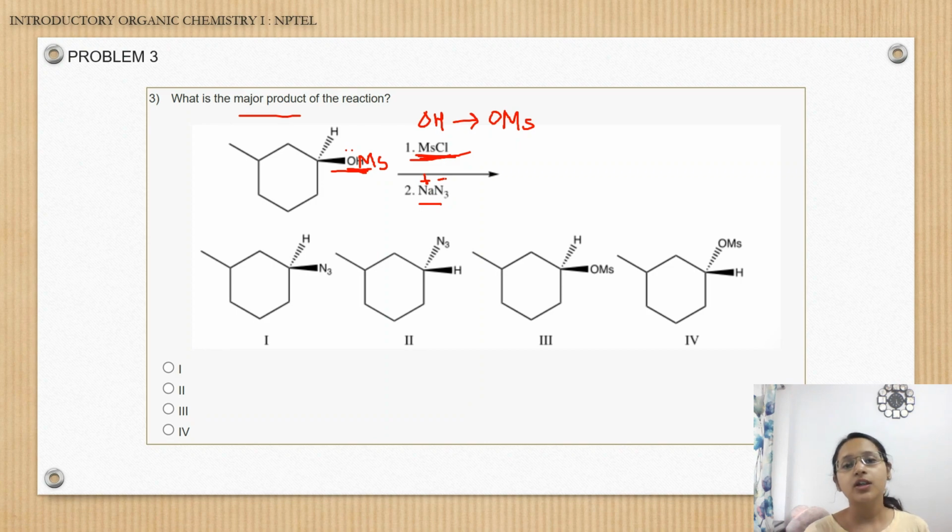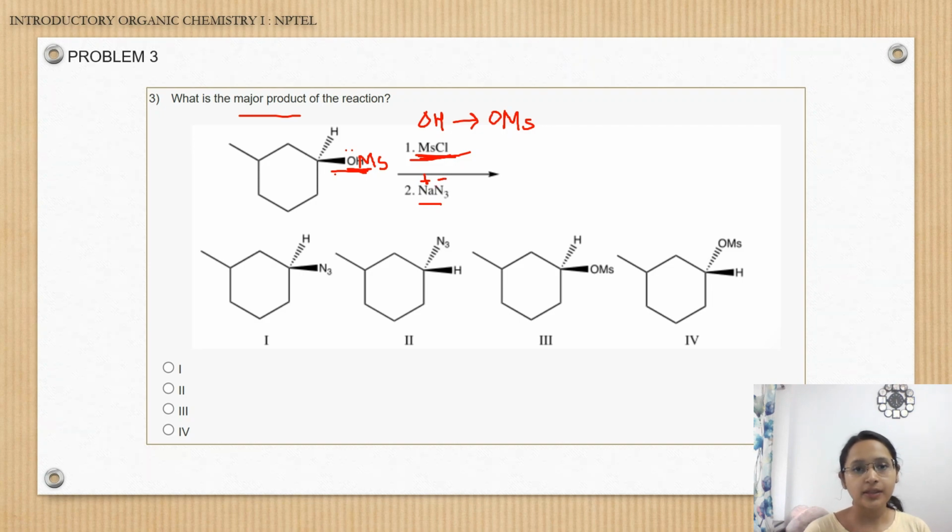So basically sodium will get a partial positive charge and the azide will get a partial negative charge. Can anyone tell me what will be the next step? What would this sodium azide do? Yeah, it would be a nucleophilic attack.